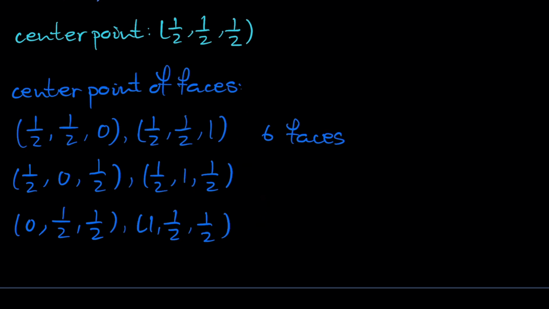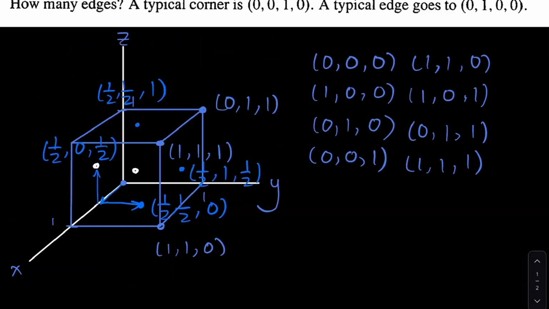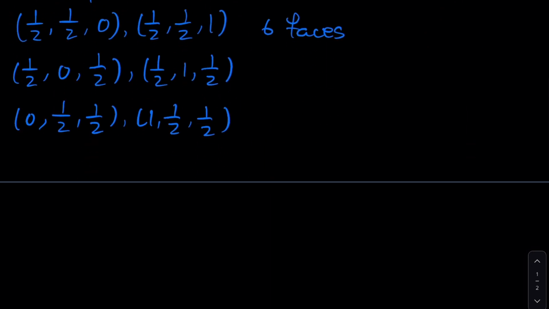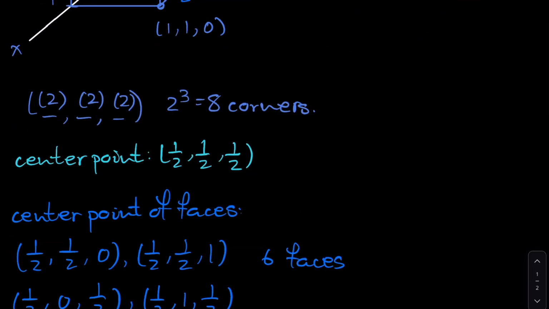That will be very useful when we're trying to figure out the number of corners in a cube with 4 dimensions. Alright, let's extend to 4 dimensions. For 4 dimensions, we're not going to use the picture anymore. How can we figure out the number of corners in a combinatorial sense?